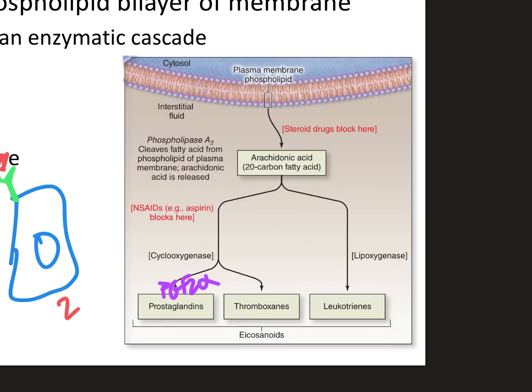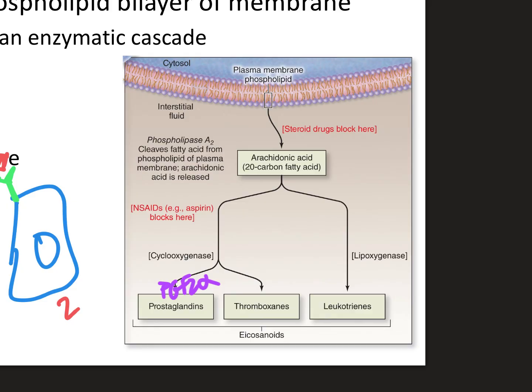So this particular cascade of reactions that convert part of the phospholipids into an eicosanoid are regulated and facilitated by enzymes. An enzyme will start to break down a phospholipid, converting it into arachidonic acid. That then can be broken down into prostaglandins, thromboxanes, and leukotrienes. These are your eicosanoids.